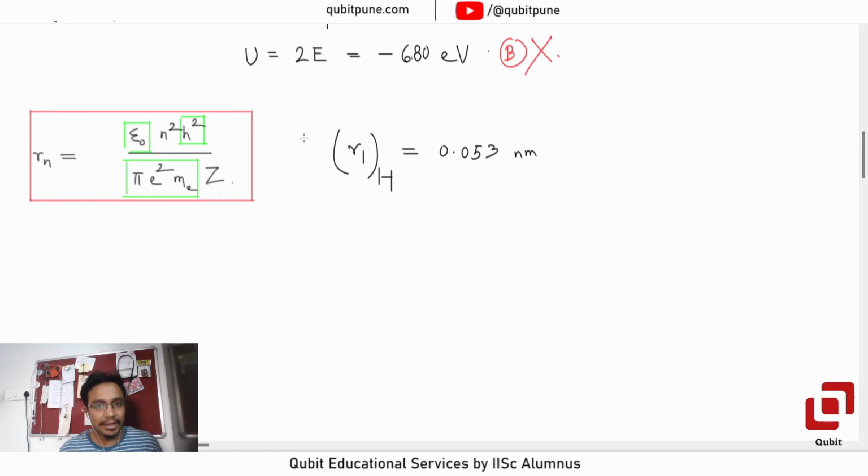And n is equal to 1 for Bohr radius, right? Ground state. And z here for hydrogen it is 1, but for this particular atomic species z is equal to 5. And of course n is equal to 1 being ground state.